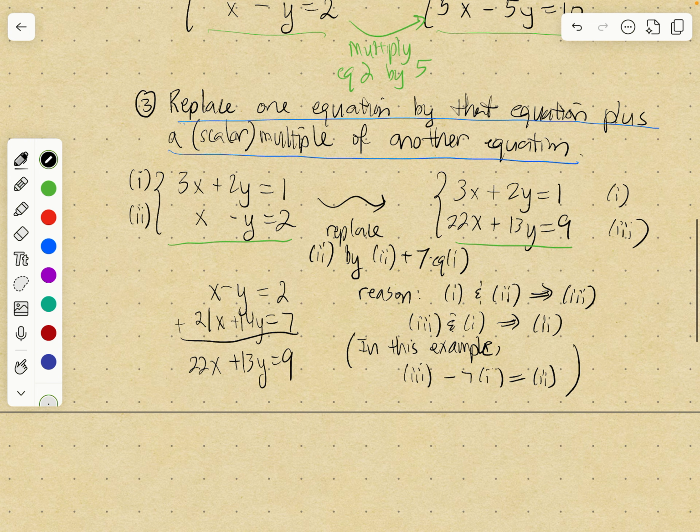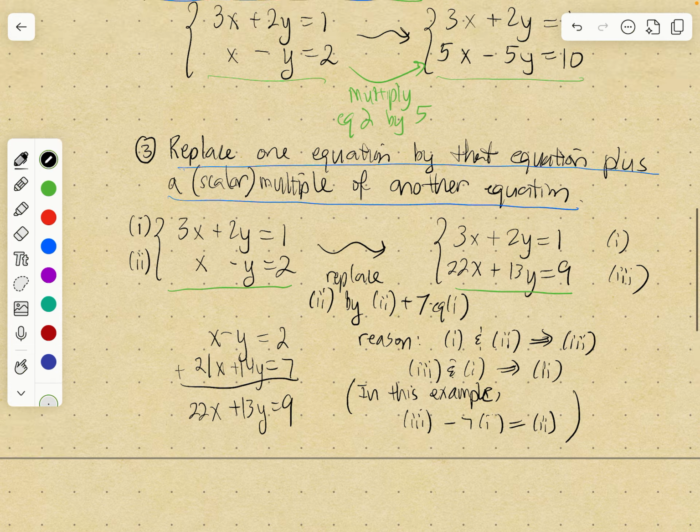And that's what Gaussian elimination is. It's a very specific procedure that, if you have a system of linear equations, you apply the three operations in a very systematic way to get a system that you can solve easily.